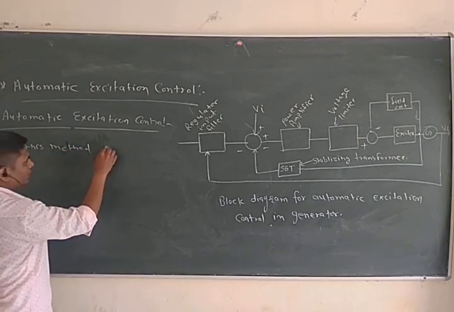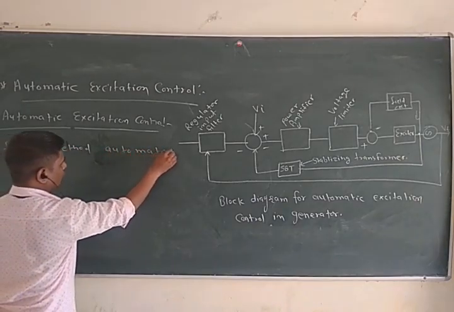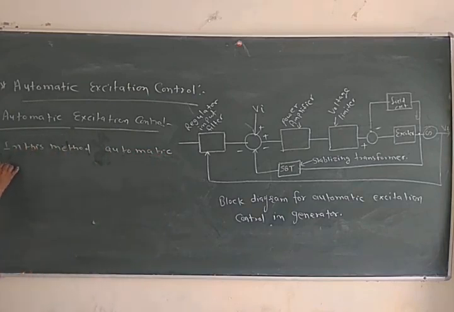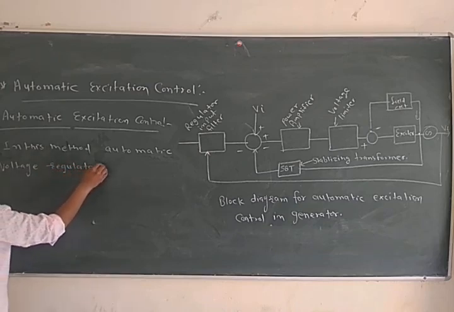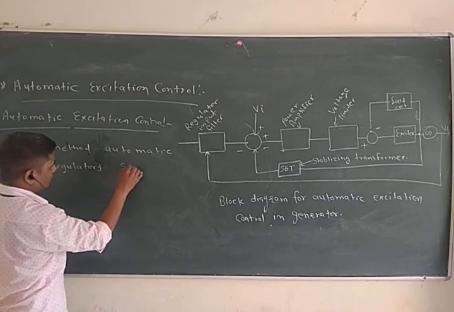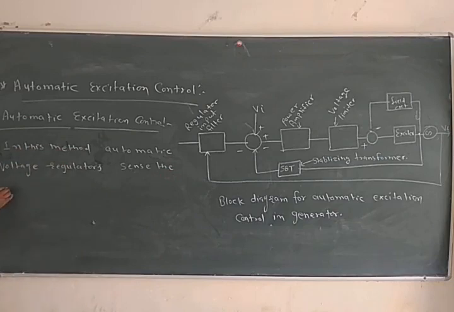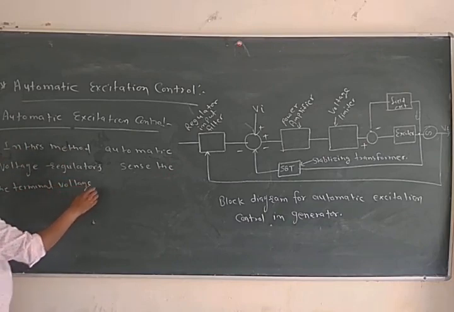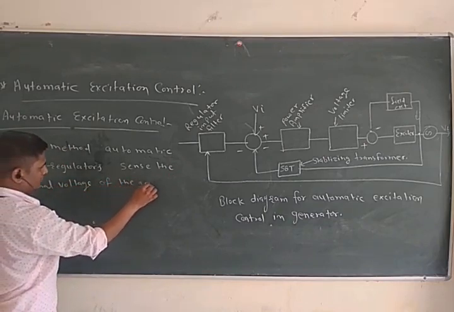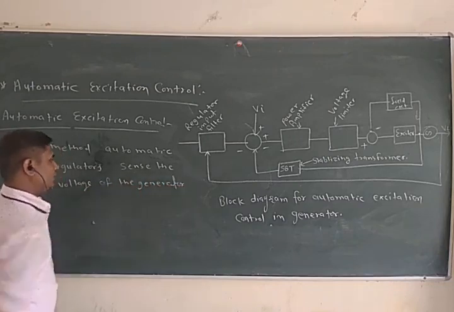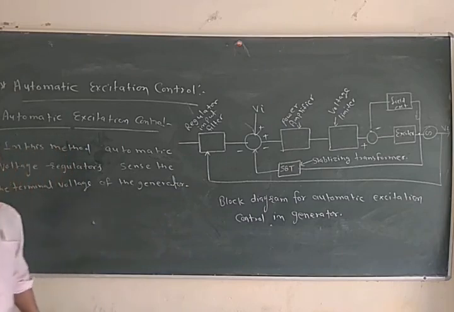The automatic voltage regulator senses the terminal voltage of the generator.